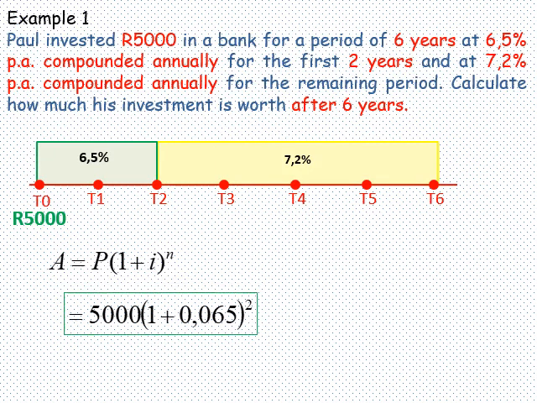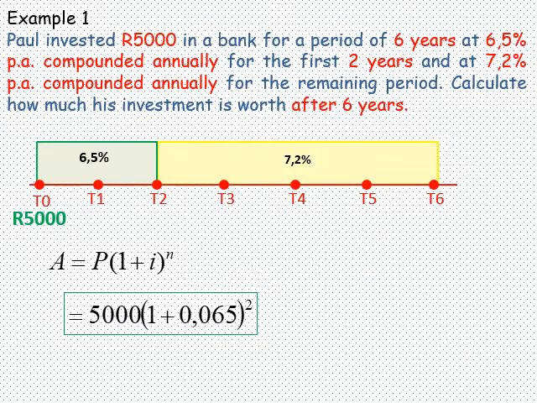5,000 Rand is represented by this green rectangle, and this 5,000 Rand grows for 2 years, hence our n is 2, but that 2 does not correspond with the total amount of time that 5,000 was in the account for. That number 2 corresponds with 6.5% interest.